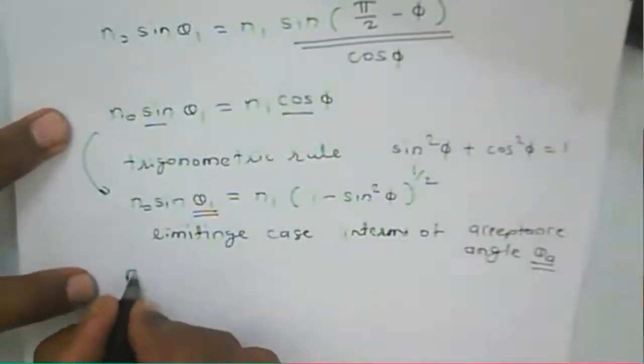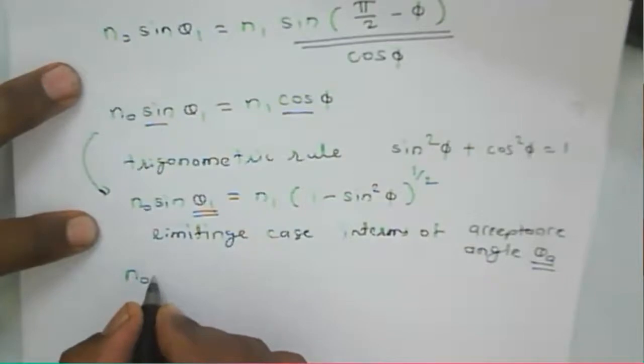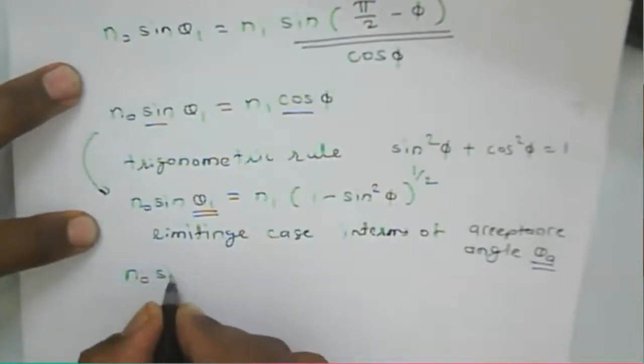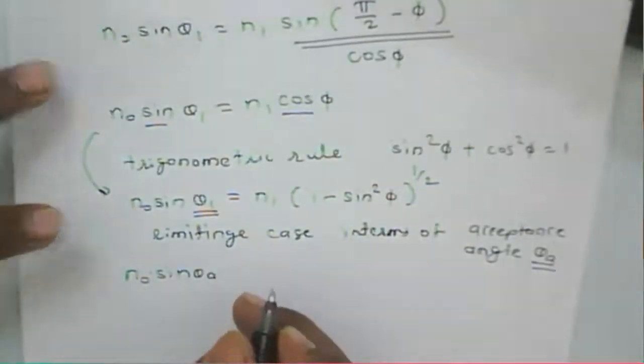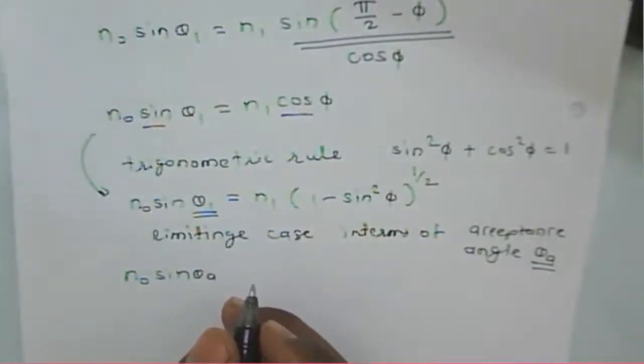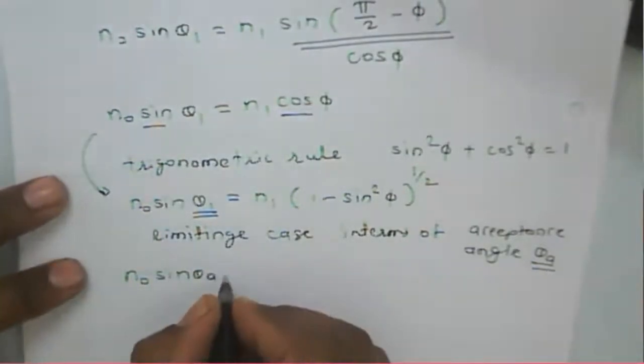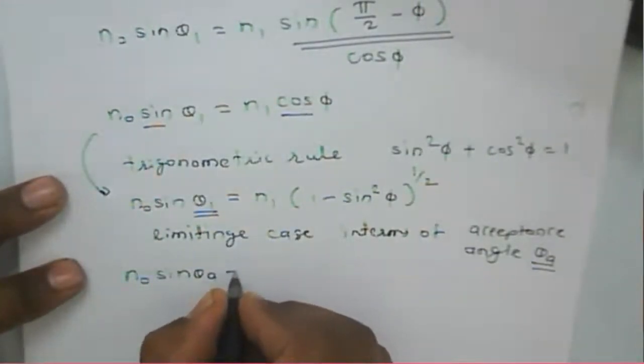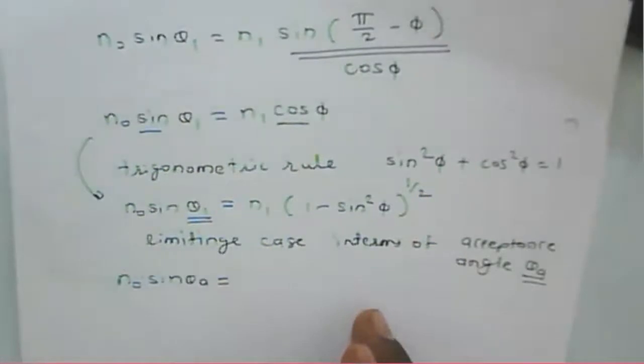Now in the case of acceptance angle theta a, theta 1 becomes theta a. That is, the light is propagating and that ray makes an angle with the particular axis, which is theta a. Instead of theta 1, we'll write theta a.